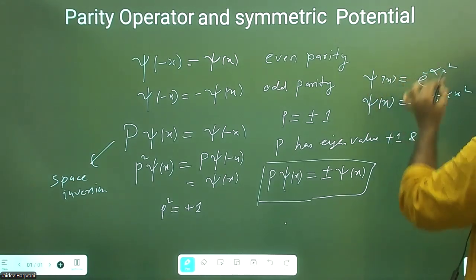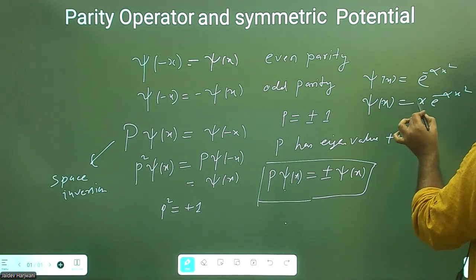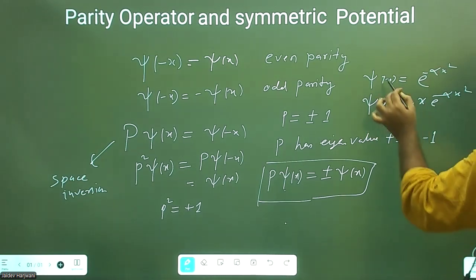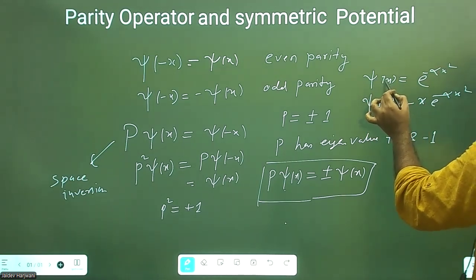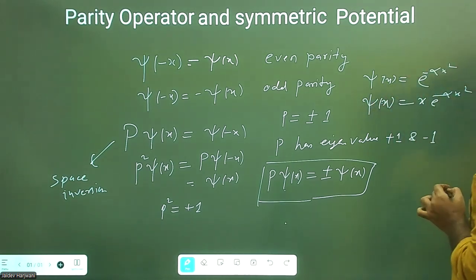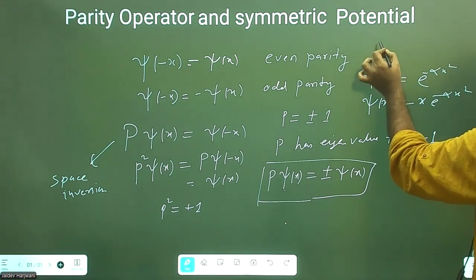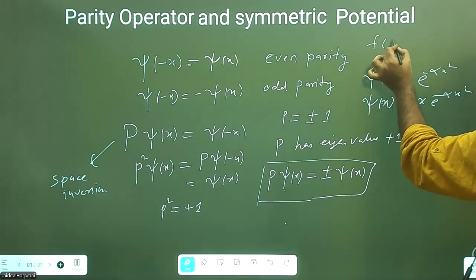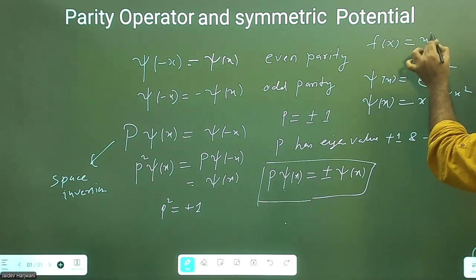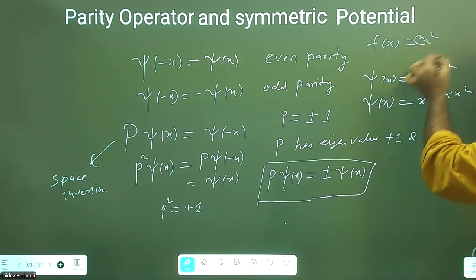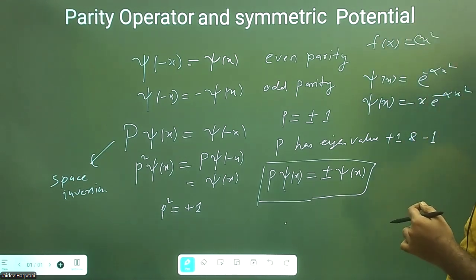This is a function with odd parity, and the first is a function with even parity. If you replace x with minus x, you get minus x here, and for the even function you again get psi(x) only. You can also take, for example, a function like x squared, which again has even parity.